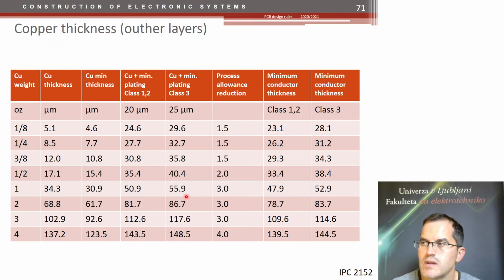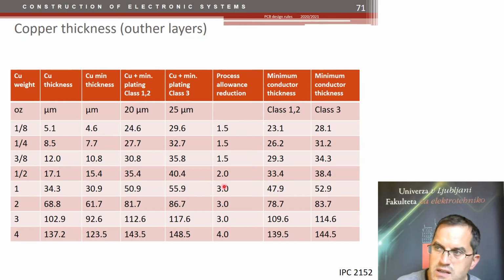So the whole procedure shown here: you start with the base copper, then you do the plating according to the class. Class 3 is more plating than class 1 or 2. Then there are some tolerances. This is called process allowance.